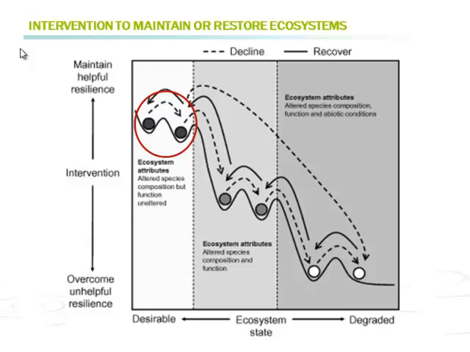This next state over still may have some altered species composition, but it still maintains sort of the full suite of ecosystem functions that you want in your system. And contrast that with this degraded state where you've lost most of the ecosystem attributes or functions that you want, and species composition is in all likelihood dramatically different from that desirable state.